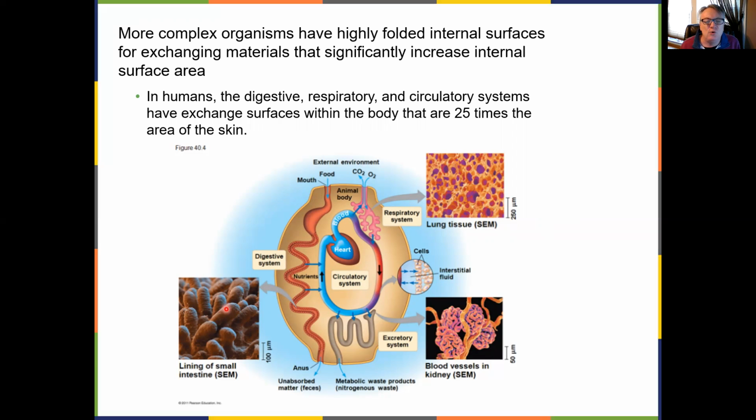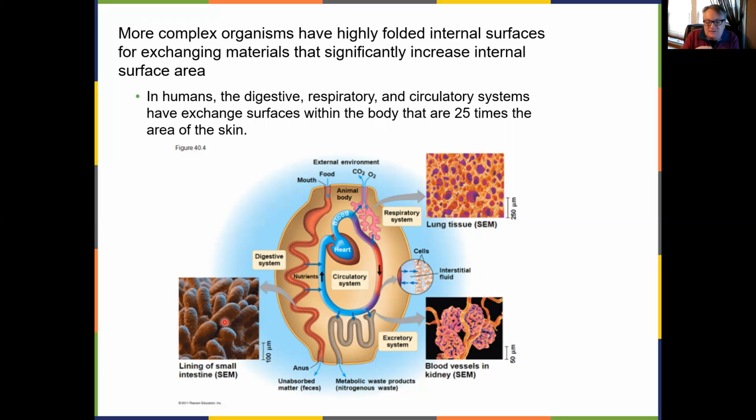In fact, if you were to take a human intestinal tract, just the small intestine, and flatten it out so that each of these villi that line the small intestine are laid out flat side by side, the entire human intestine would be about the size of a tennis court.